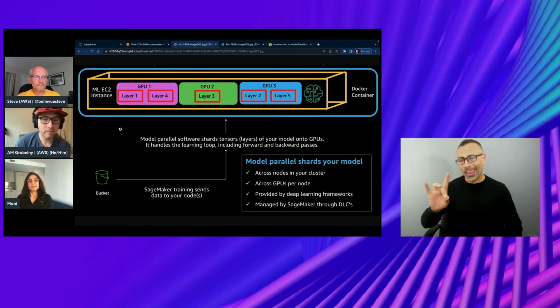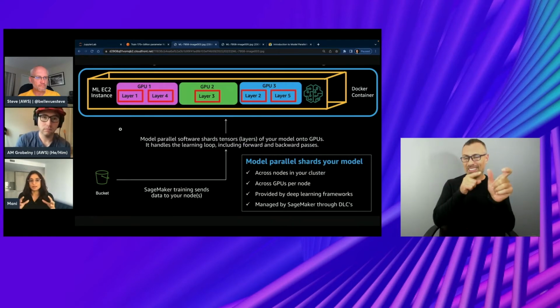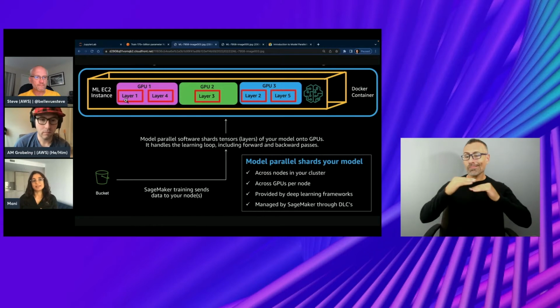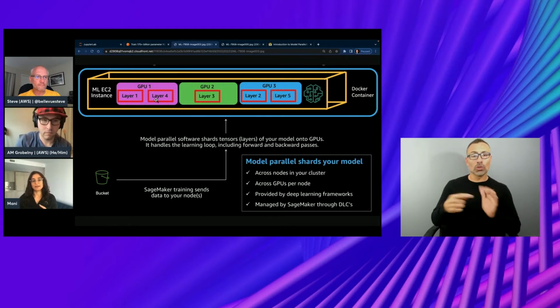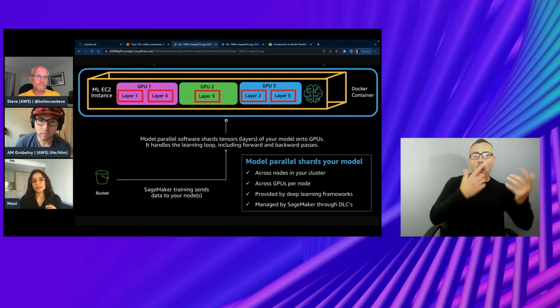In the context of model parallel, we are dividing our model across these GPUs. Think of the model as a network which has different layers. What we are trying to showcase here is that layer 1 and layer 4 might reside on GPU 1, layer 3 might reside on GPU 2, and so on.